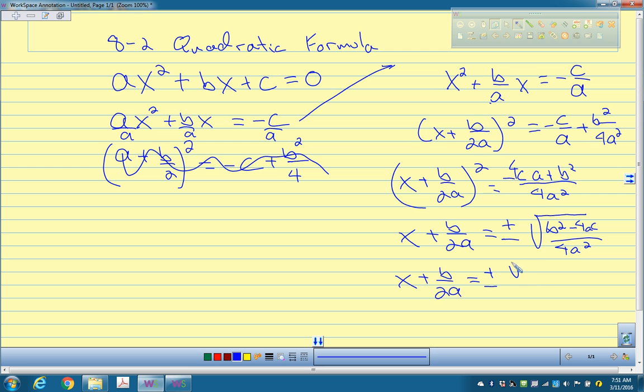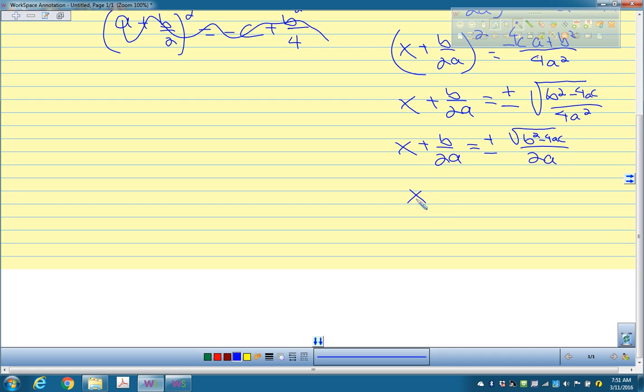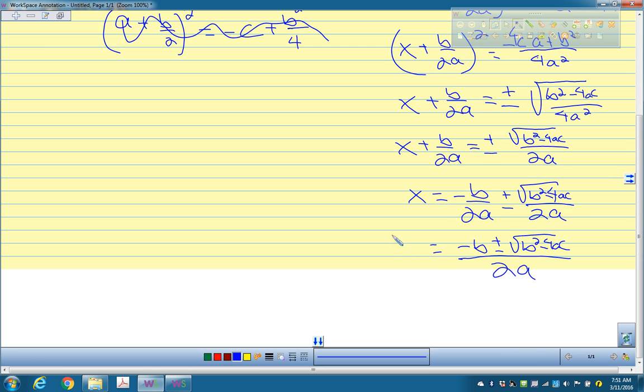I get plus or minus the square root of b squared minus 4ac, over 2a. Then I subtract b over 2a from both sides, and I get negative b plus or minus the square root of b squared minus 4ac, divided by 2a. This is called the quadratic formula.